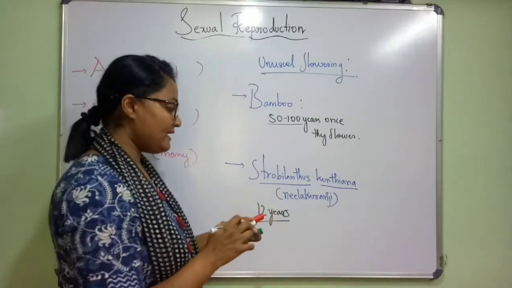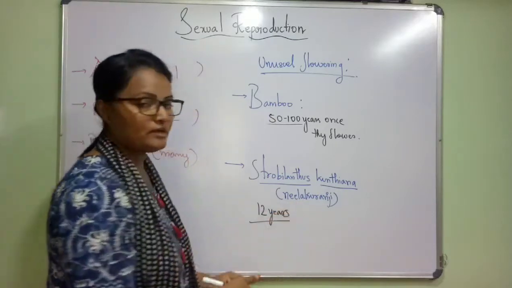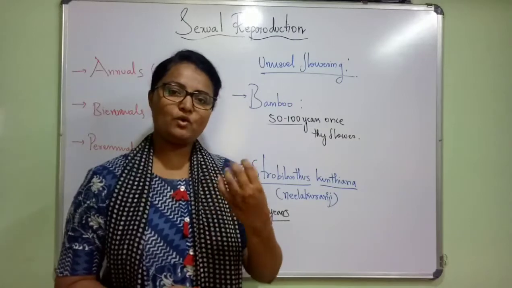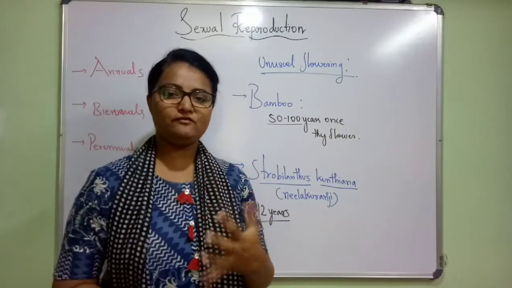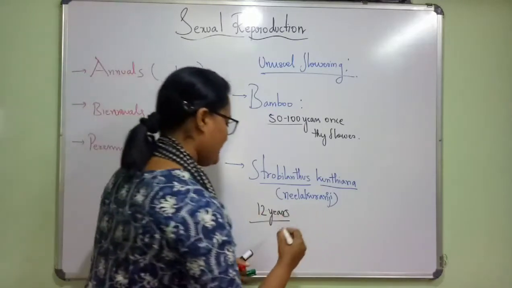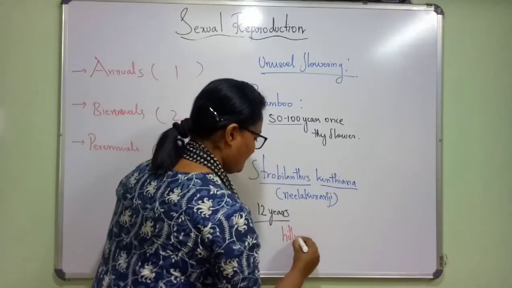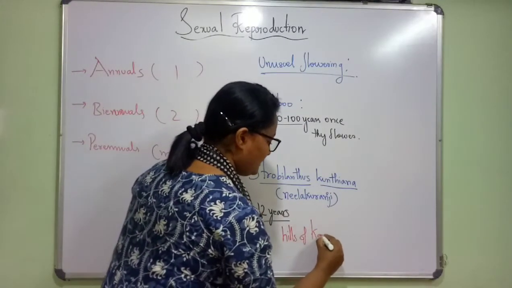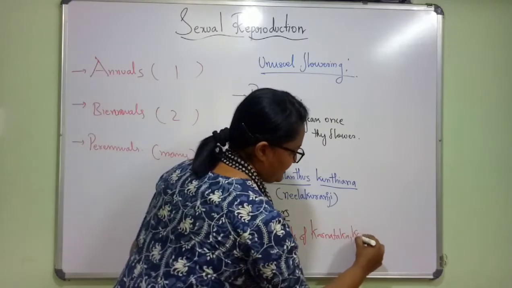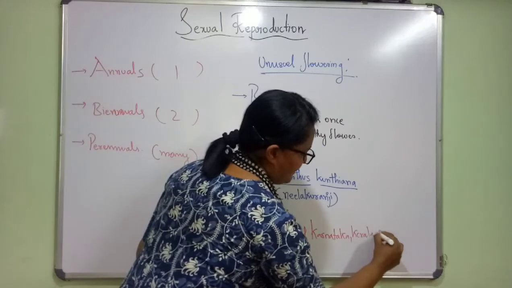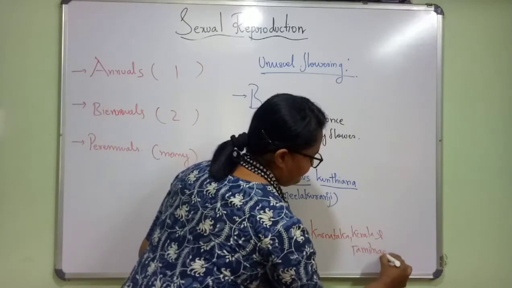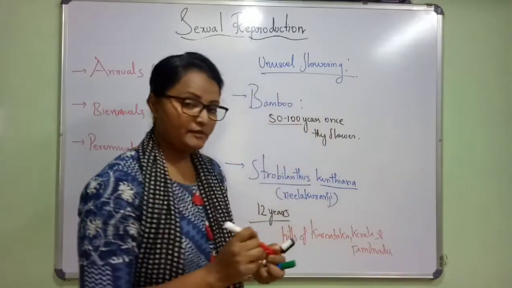Why is it commonly called Neelakuranji? Neela represents blue. It shows a beautiful blue colored inflorescence in the hilly regions of some parts of Karnataka, Kerala and Tamil Nadu.